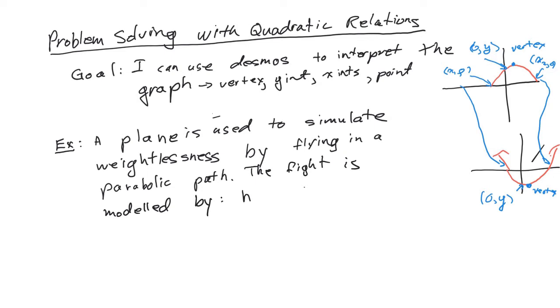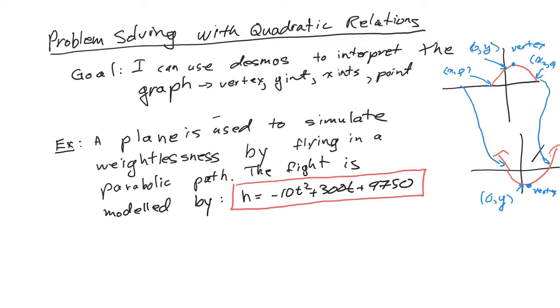h is equal to negative 10t squared plus 300t plus 9750. So this is what we call the objective function. Now let's just cordon off this bit of the note so that we don't mix it up with anything else.